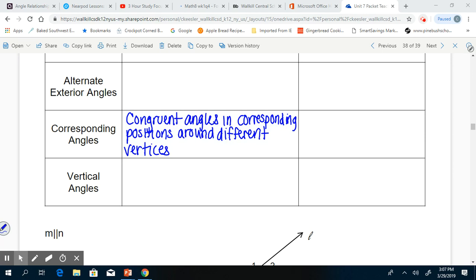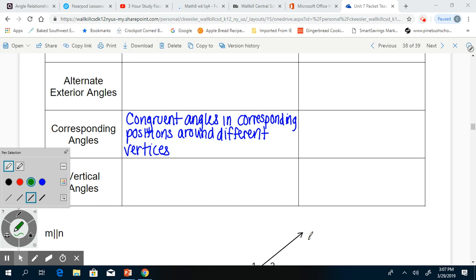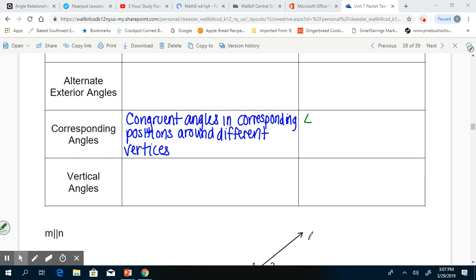So if you take a look at 1, 2, 3, and 4, those 4 angles have a corresponding angle on the bottom of the diagram, 5, 6, 7, 8. So 1 is in the same position as 5, therefore those are corresponding and congruent. Angle 2 corresponds to angle 6 because they're in the same position.